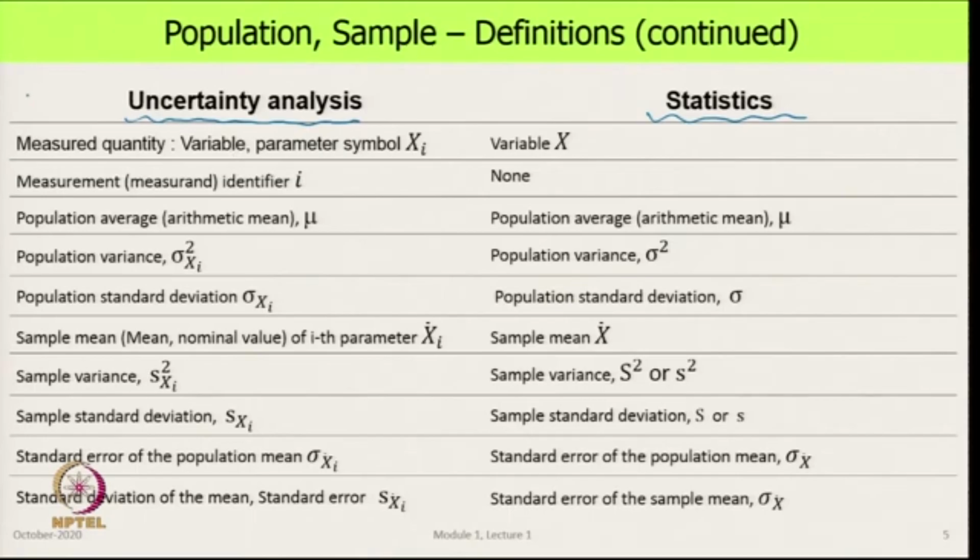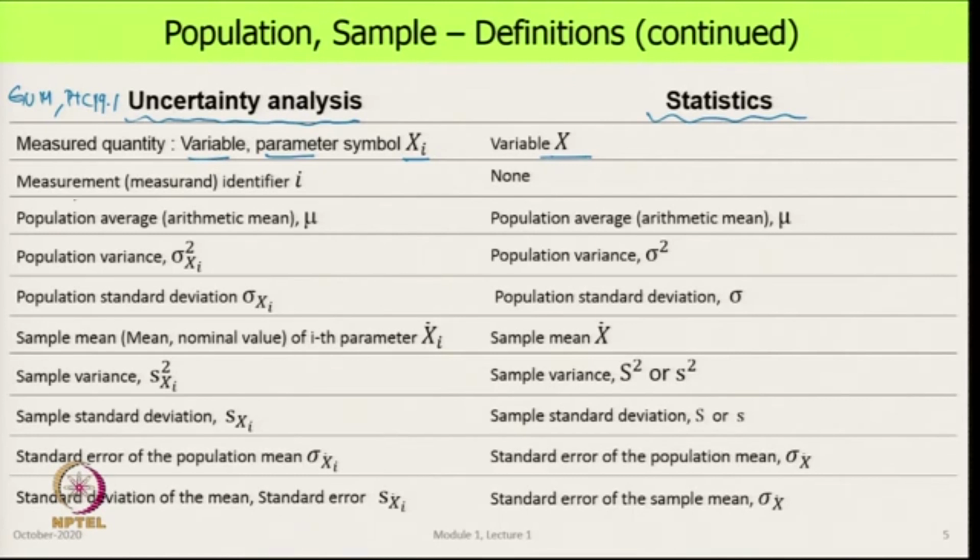So, this is common, and it says GUM as well as PTC 19.1. We use the symbol xi for a variable or a parameter, which means an independent measurement. In statistics, this is generally just given the symbol x.